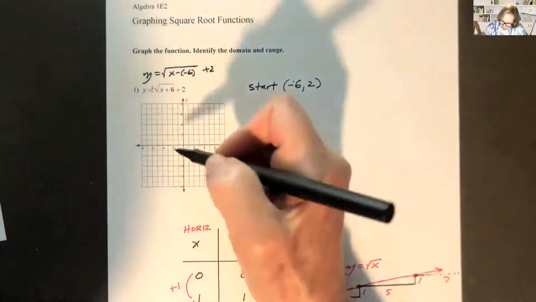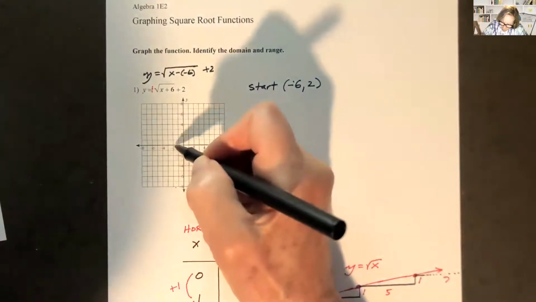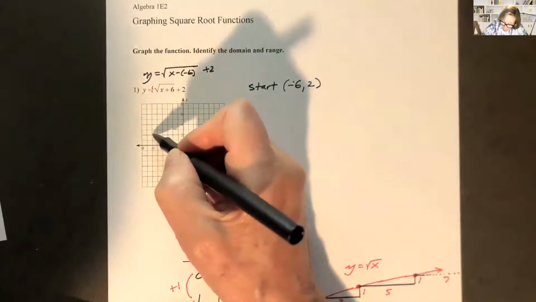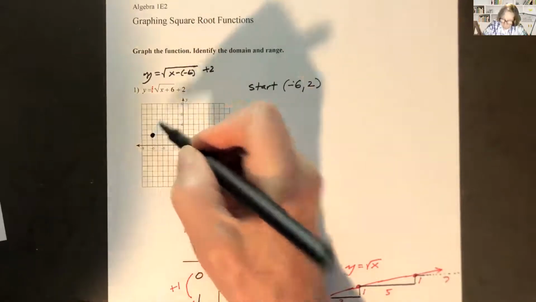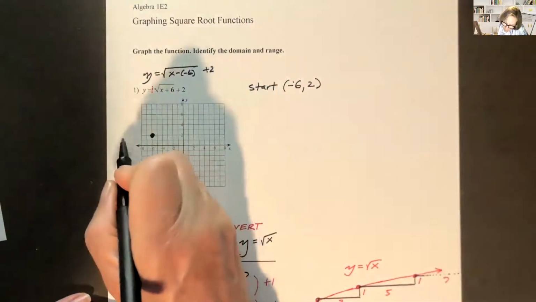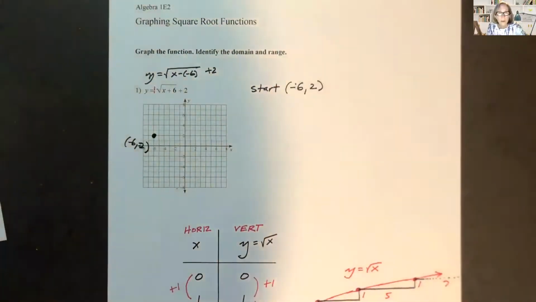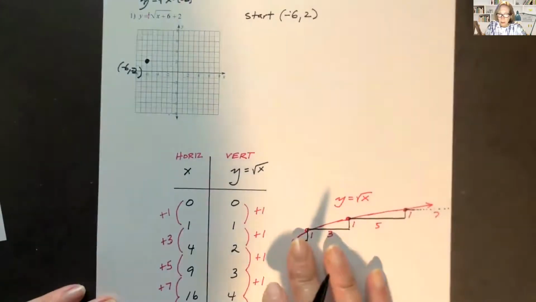So I go left from the origin 6 to the left, and 2 up. And that's where this graph is going to start, at negative 6, 2.